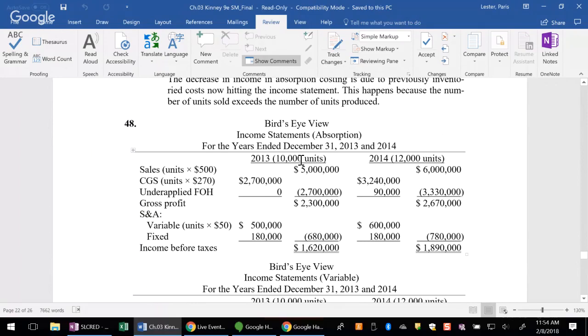See, the fixed overhead cost us 750. If we use the expected capacity of 12.5, that's where we got $60 in the first place.